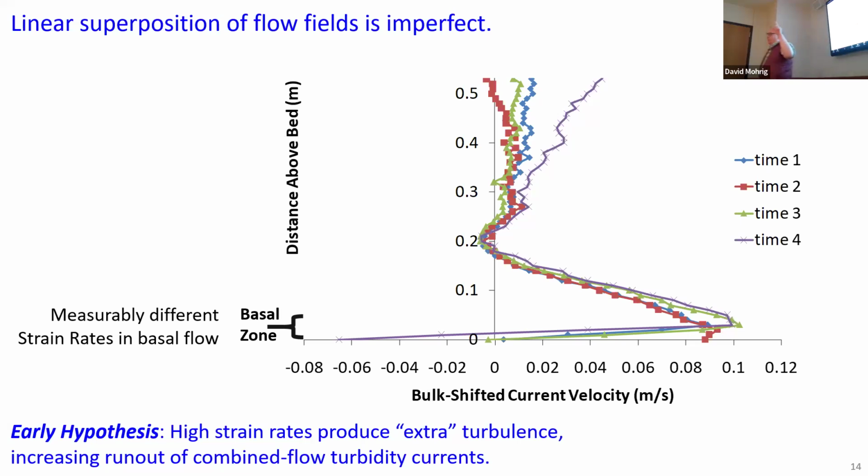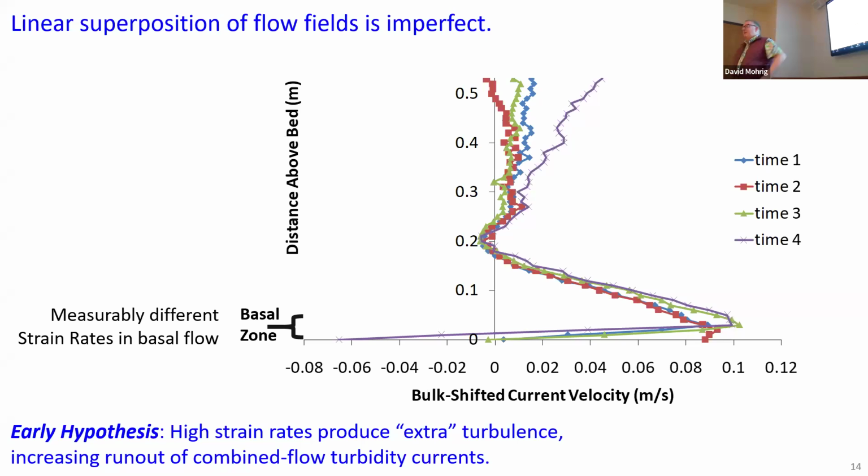And of course, it's the velocity gradient squared that scales the production of turbulence in that area, which helps support that suspended sediment. And the first hypothesis was, well, we're getting some really high strain rates down near the bed, and that extra turbulence was actually supporting and suspending the sediment and getting the sediment out further.